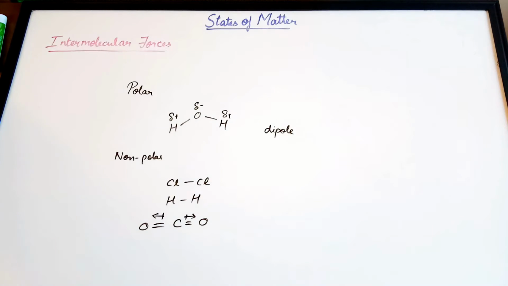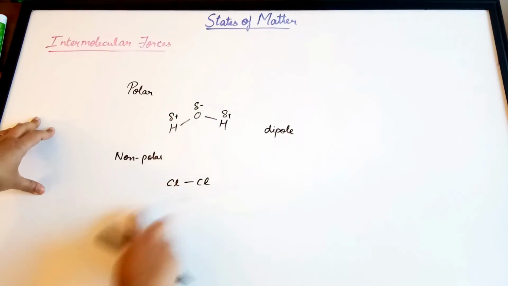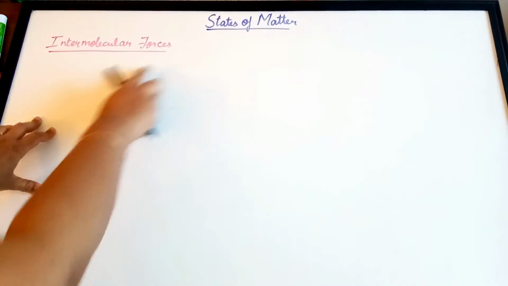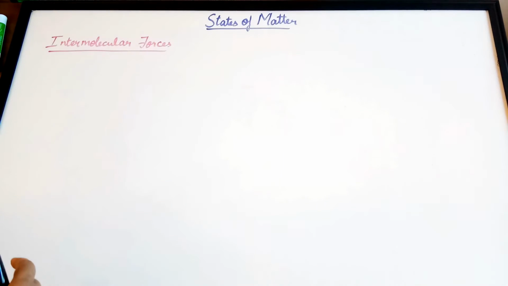So the reason we're talking about polar and non-polar, and one more thing before I start that, non-polar molecules or atoms rather also include noble gases or inert gases. The reason we're talking about all of this is because in the topic of intermolecular forces, the whole concept of polar and non-polar is very important.